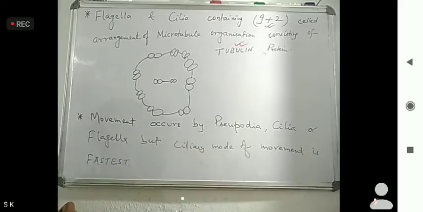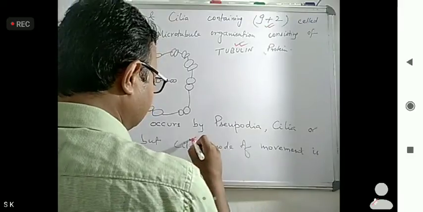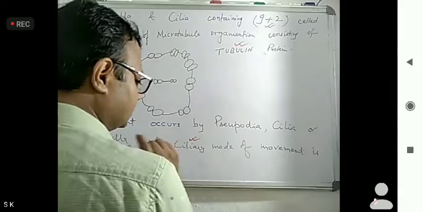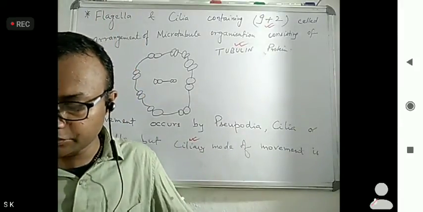The medical question is: which mode of movement in Kingdom Protista is mostly fastest? So that is what? Ciliary mode of movement, that you have to remember.